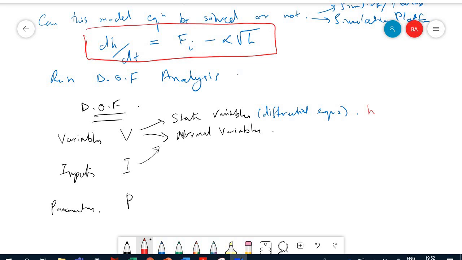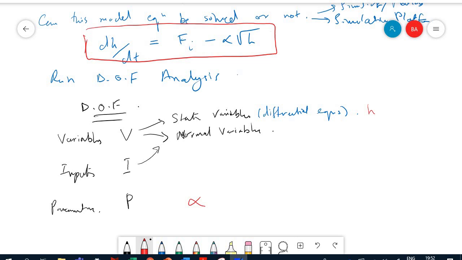And if you go now to the normal variables, what do I have as a normal variable here? Actually, alpha is a constant, because parameters do mean constant values. And we said alpha is constant because it's a function of specific gravity and the CV with the characteristics of the valve.